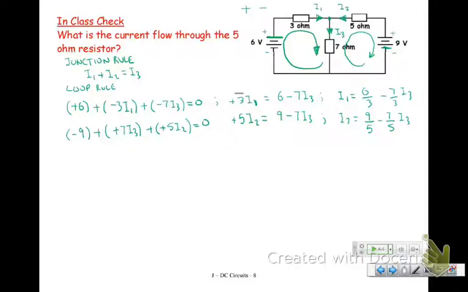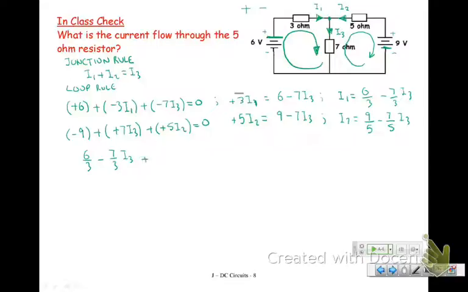Agreed? Then I take these and substitute in up here. So I'm going to say 6 over 3 plus, sorry, whoa. Let's erase that. I feel so bad about it, I'm actually going to erase it. Minus 7 over 3 I3. That's my I1 done.